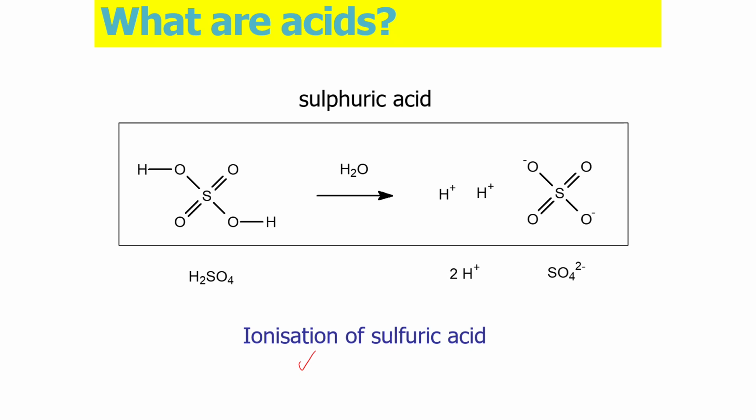We can see that it splits into two H plus ions and a sulfate ion. Notice that the sum of the charges are such that they neutralize each other. But based on our definition, sulfuric acid can also be considered as an acid simply because it releases H plus ions in water.